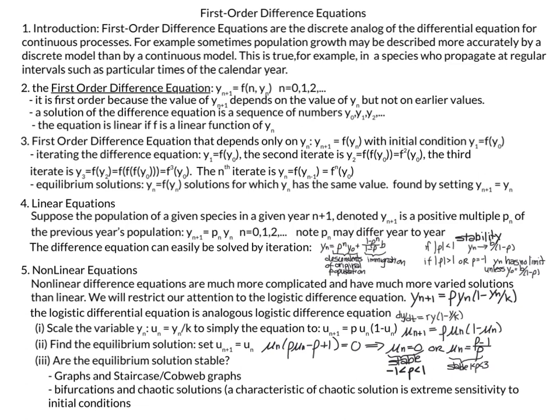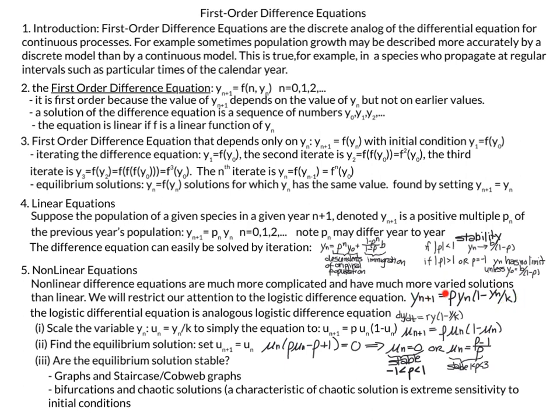Just as we had in differential equations, for difference equations, the linear equations we could solve. The nonlinear equations, many of them we cannot. We're going to restrict our attention only to the logistic difference equation, which looks like y_{n+1} equals rho y_n times (1 minus y_n over K).